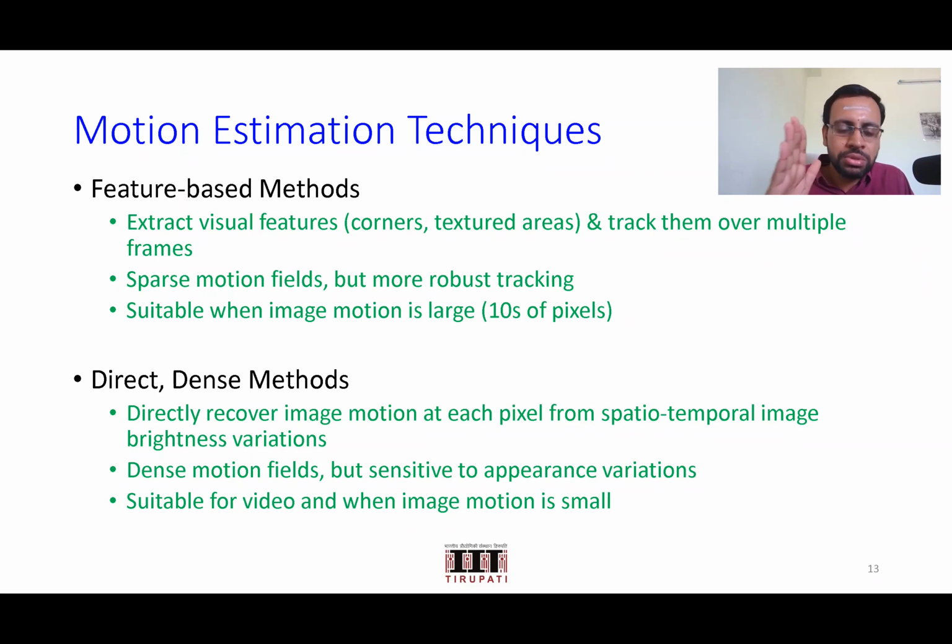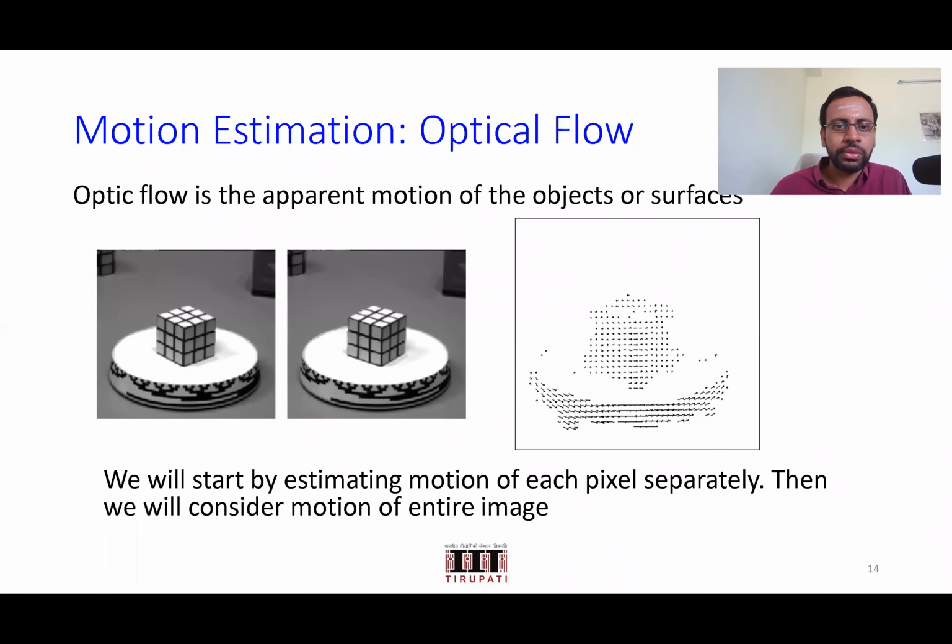So it is now the second class of direct dense methods that we are going to see in this class, next class, and maybe next week also. The specific methods that we are going to study here are referred to as optical flow.